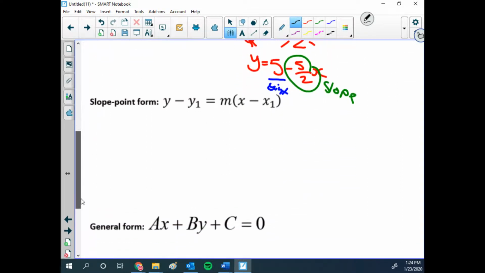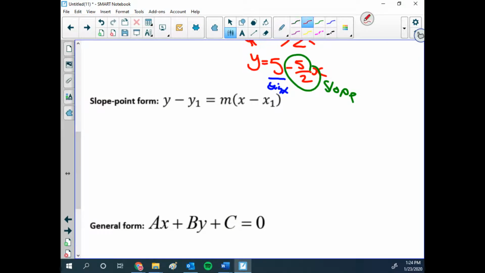All right. Next one, slope point form. Obviously, this tells us the slope, and you can start here by having some coordinate. That's going to be some coordinate.